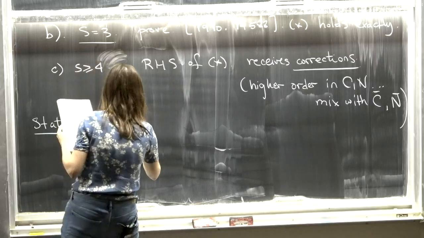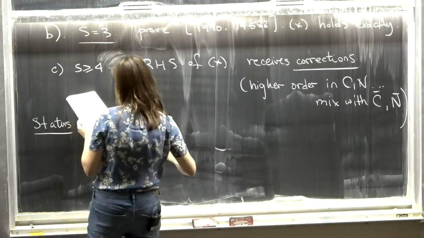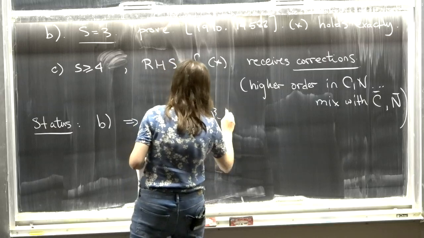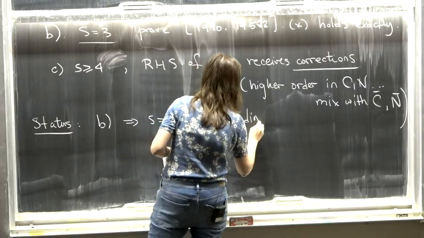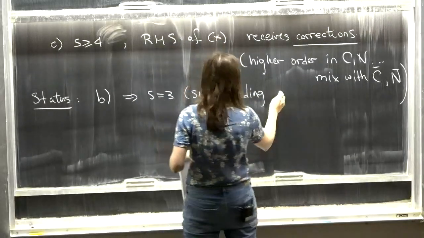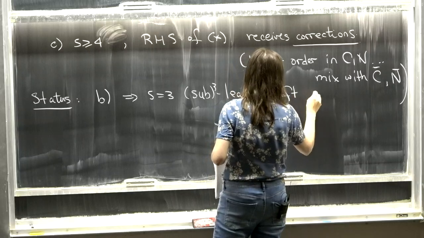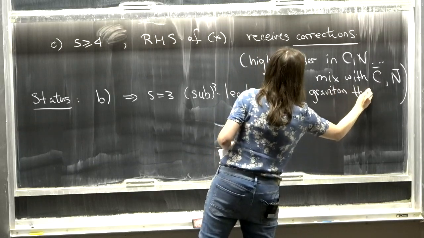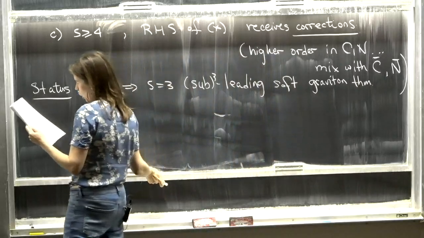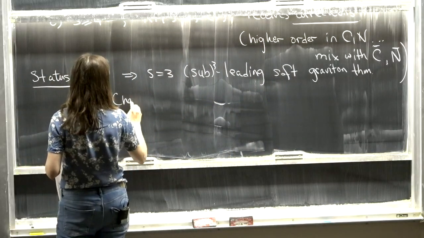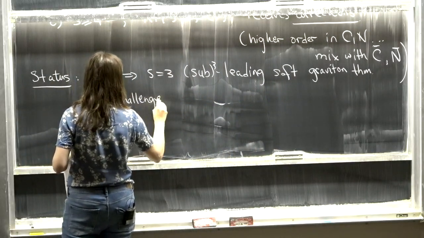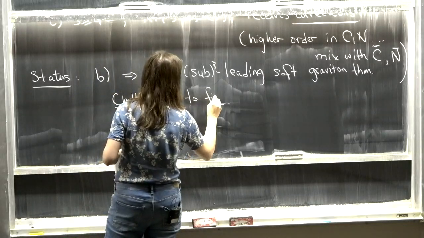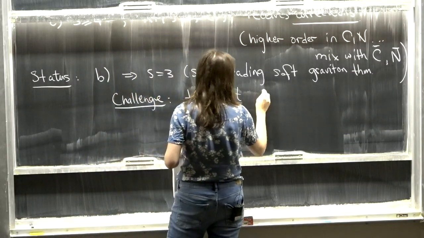So there is an s equal to 3 subsubleading soft graviton theorem, and the challenge for you guys is to find it, maybe from amplitudes.